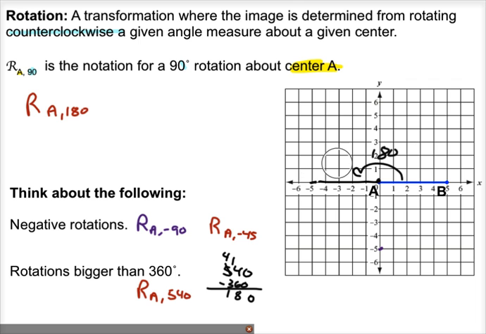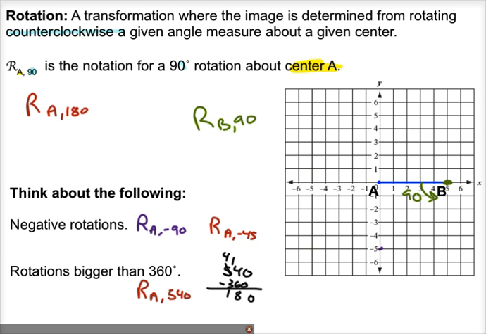Now, in every one of these problems I've been doing, A is the center, but A doesn't need to be the center. I could be giving you different problems where I have, say, a rotation where B is the center and I ask for 90 degrees. So if B is the center, 90 degrees is a counterclockwise rotation, which means it's going to rotate this way 90 degrees.